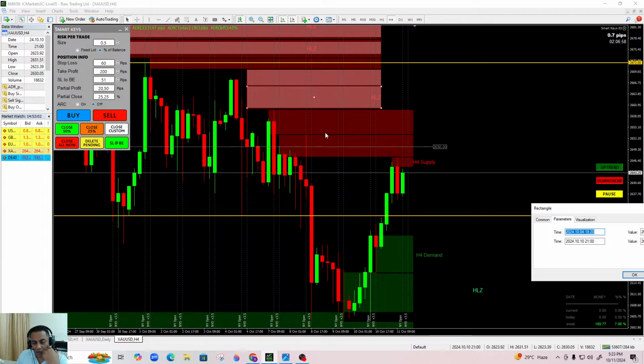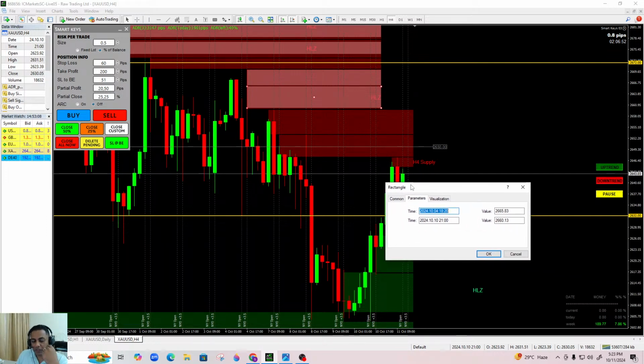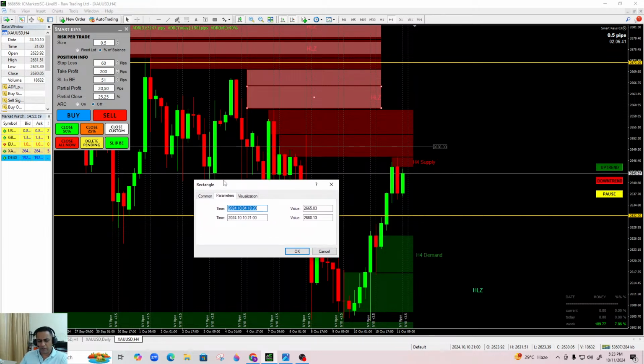So if you're unclear on how these are drawn, you can go back and look at the old streams. The first 30 minutes of every stream, you will see how these zones are drawn, because I spend roughly 30 to 40 minutes every day drawing these zones.